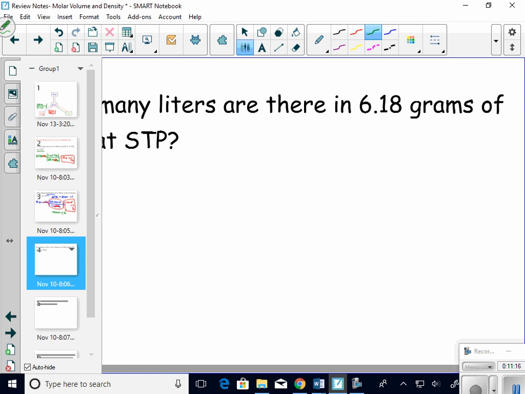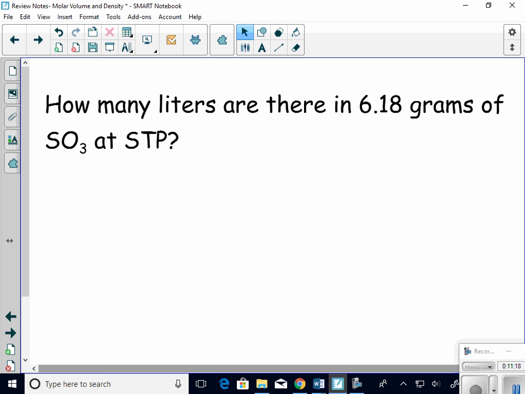Next example problem. Okay? Next example problem gives us a little more. We're building a little bit greater. How many liters are there in 6.18 grams of sulfur trioxide at STP?